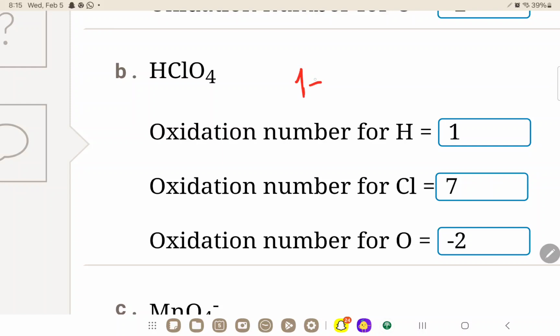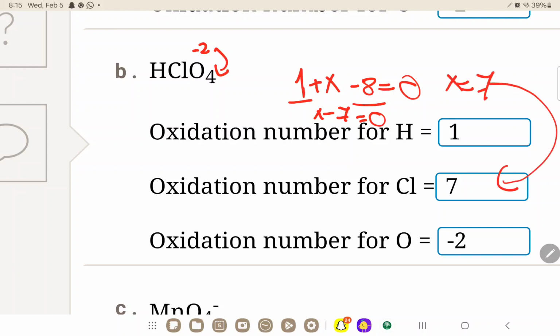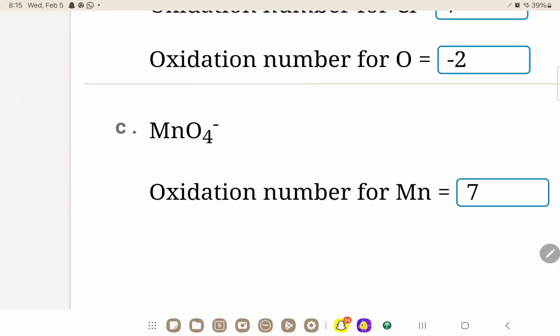Cl is our x, so 1 plus x. And O is -2 times 4, -8, equals 0. So 1 minus 8 is -7. So x minus 7 equals 0. X equals 7, and that's for chlorine. So 1 for H, 7 for Cl, and -2 for O.